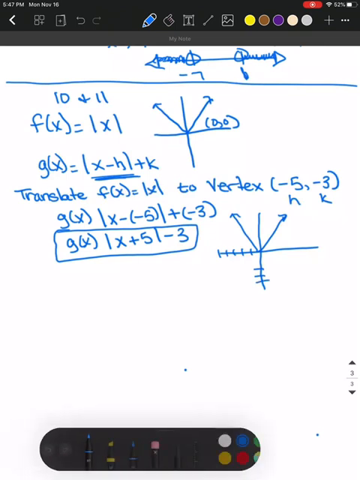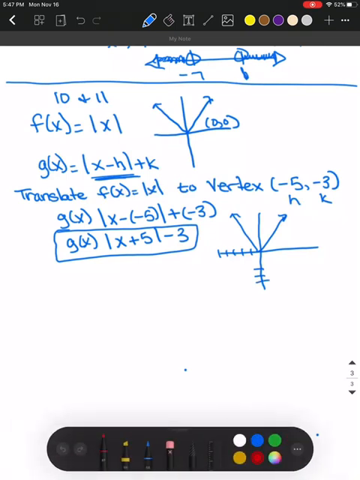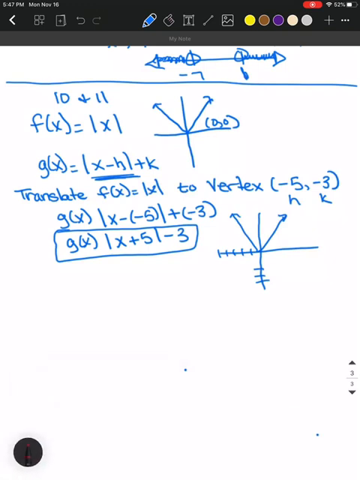Let me change the color. So this is my new vertex. So left 5, down 3. That is my new vertex.